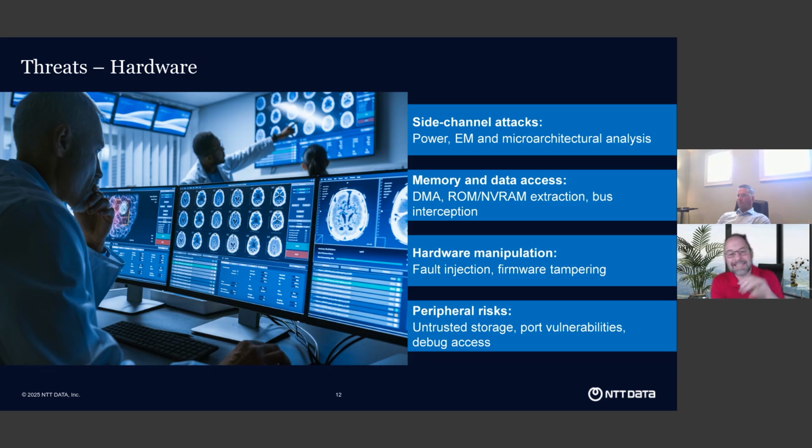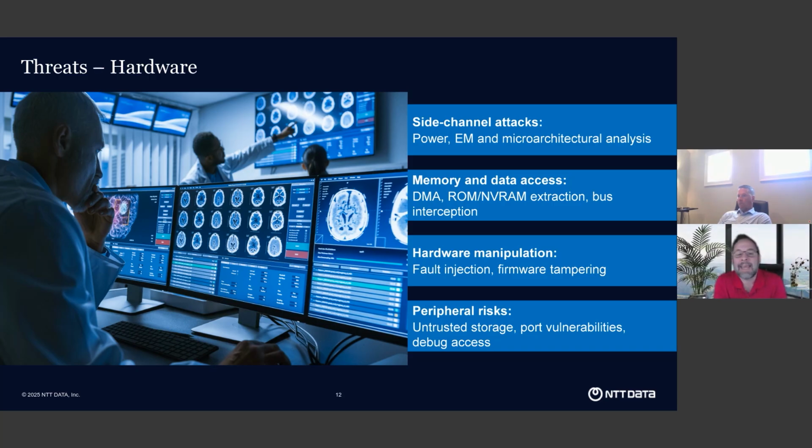So every one of these things that's listed in here, so we have things like side channel attacks. What is a side channel attack? It's basically attacking a device through or by looking at some element that's not a direct interface. So things like power utilization or electromagnetic discharge or things along those lines.